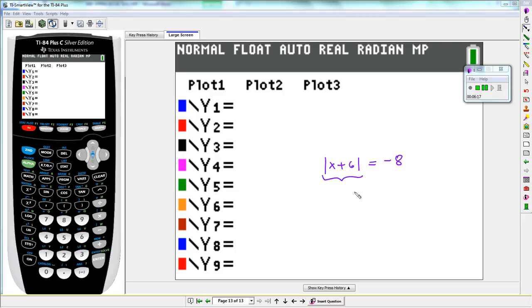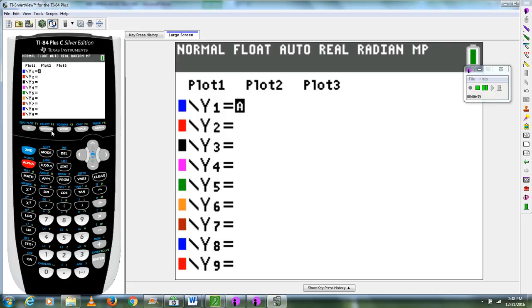We are going to graph two graphs. The left-hand side we call y1, and the right-hand side we call y2. So y1 is the absolute value of x plus 6, and y2 will be negative 8.